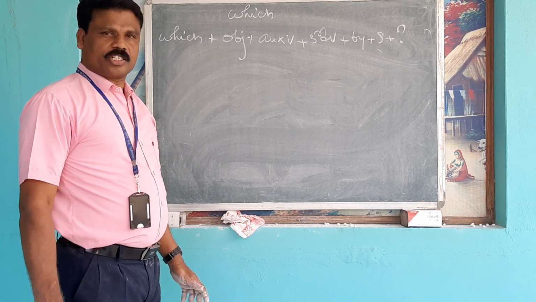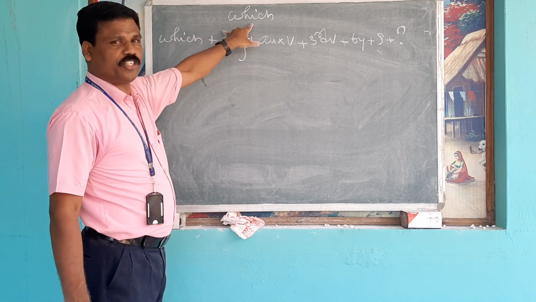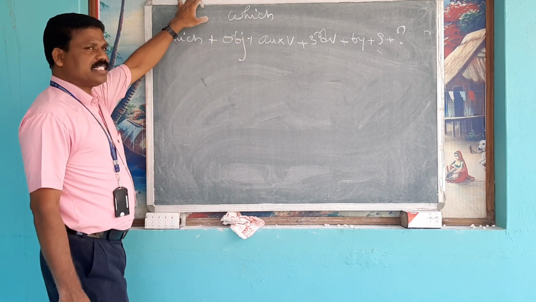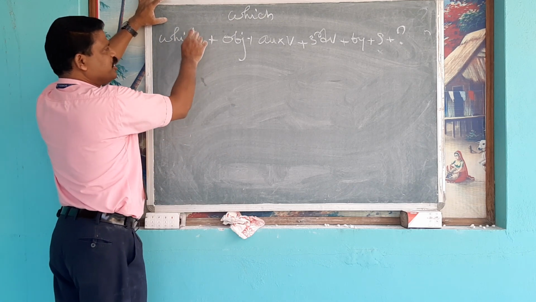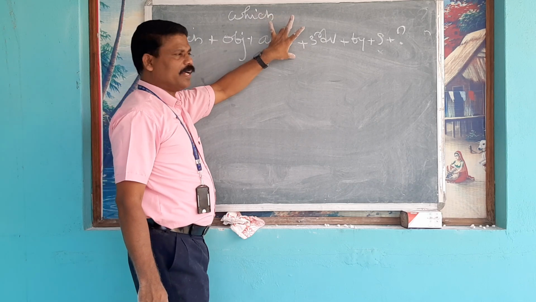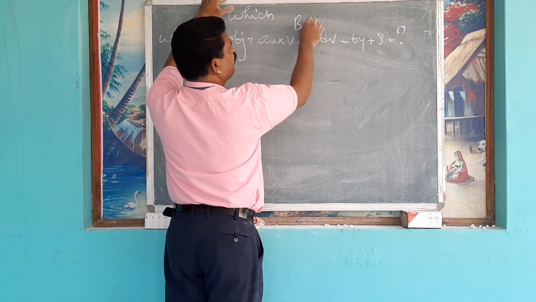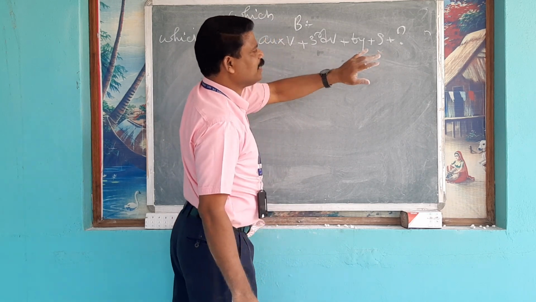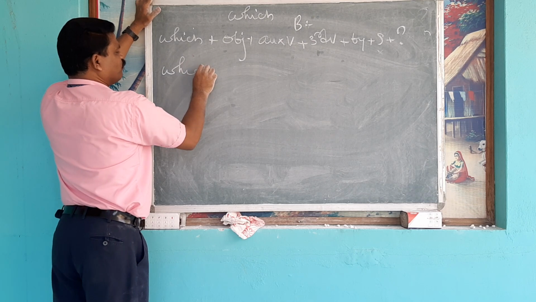Now we are going to discuss the interrogative sentences that begin with which. If the sentence starts with which, then the rule is which plus object plus auxiliary verb plus be, being, been plus third verb plus by plus subject plus question mark.